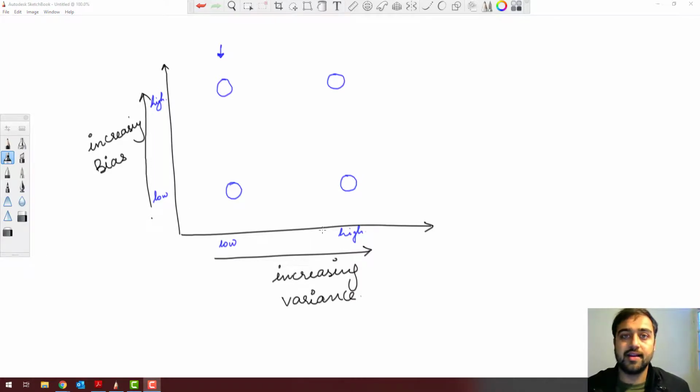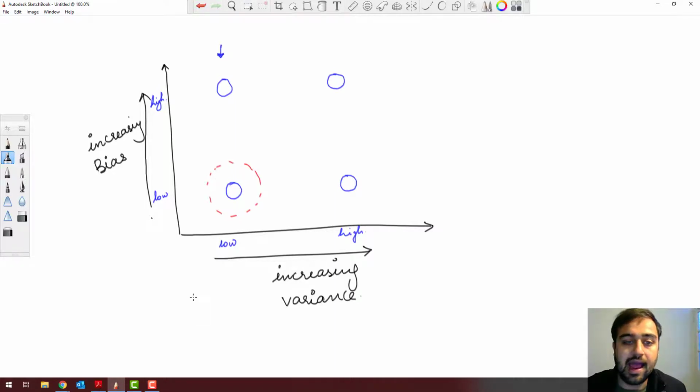If I'm saying there is low bias, it would mean that all the values, the y hats that we are getting out of the model, are very close to the target value, right? So if we are building a model which has low bias, the values will be somewhere around this area.